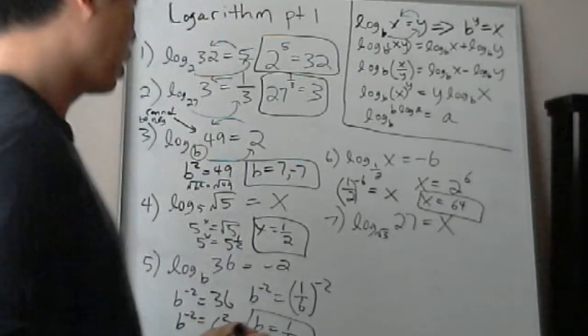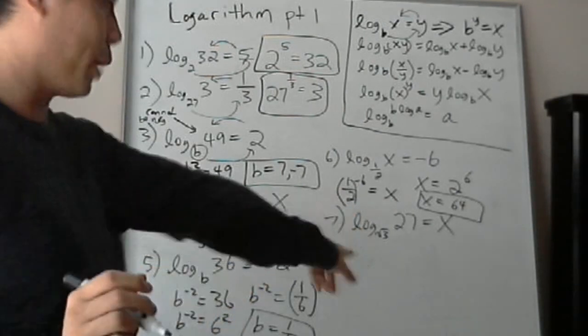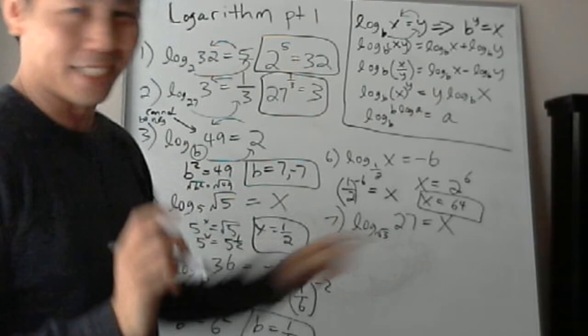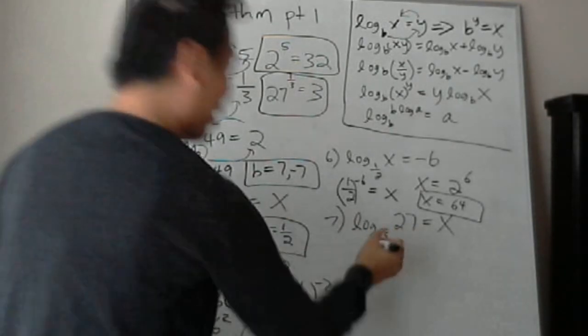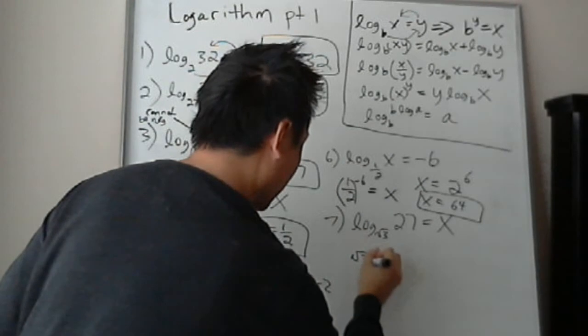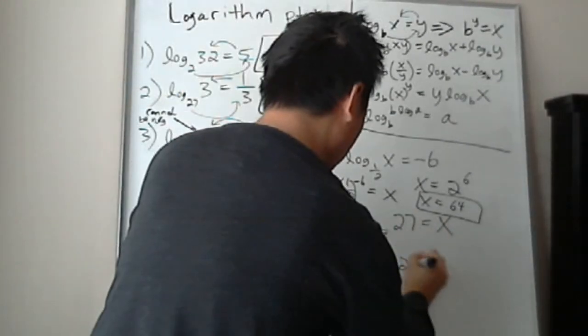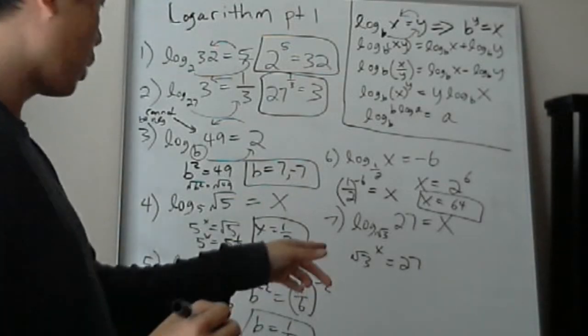Okay? And then the last problem we have, to me, is an interesting problem because you have a radical now in the base, so people can get lost when they see something like, oh no, what's a radical? I don't know what to do. It's the same rules, right? So you get square root of 3 to the x power equals 27. So now you gotta think about, okay, what do you do here?